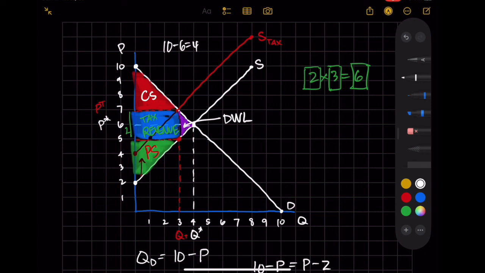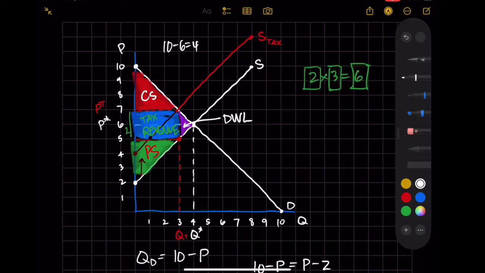So both the producer and the consumer are getting less in terms of surplus. And what they would have had in terms of surplus is now going to the government in the form of tax revenue. But not all of it. Some of it actually just gets lost. It just disappears. So that dead weight loss, that triangle in the middle, represents the surplus that was previously had during equilibrium that now no longer is there. It's just gone. It's wasted. And that's kind of why we call it loss here.